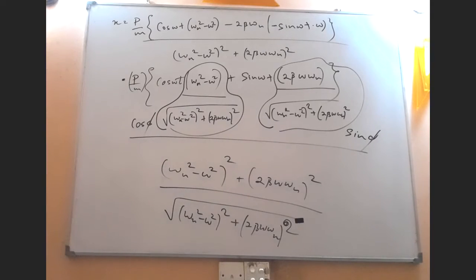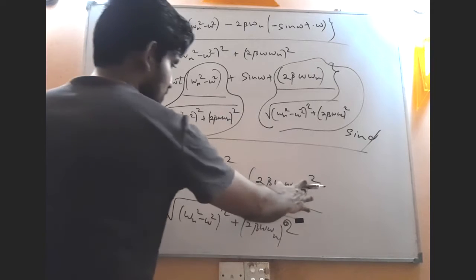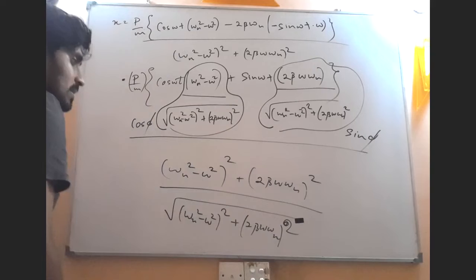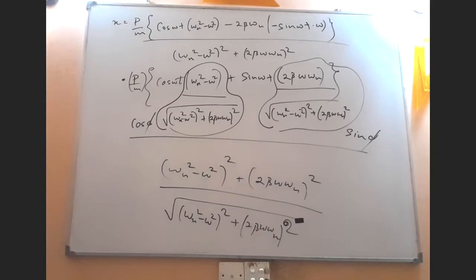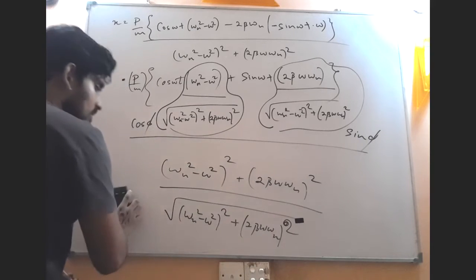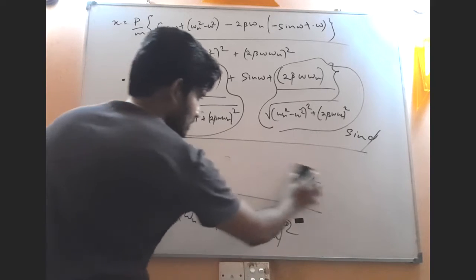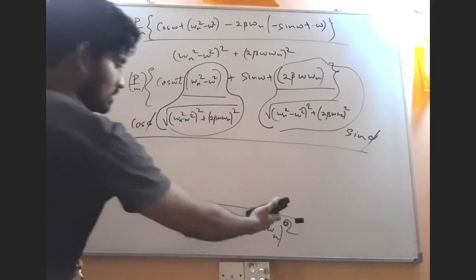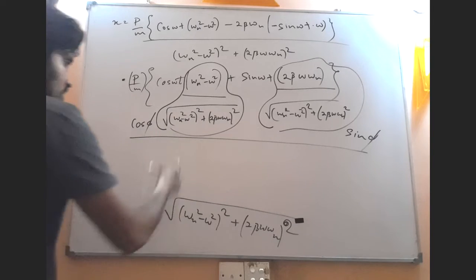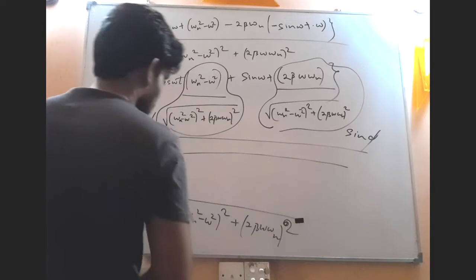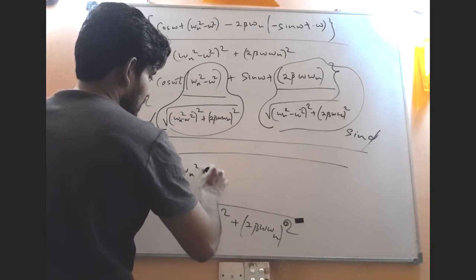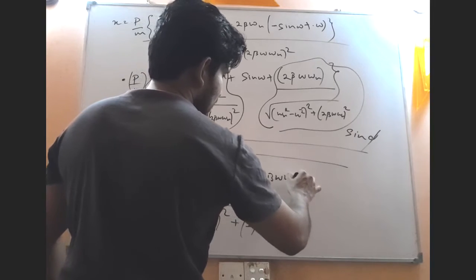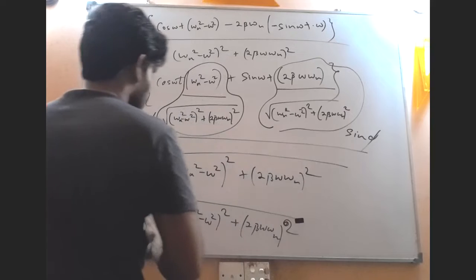Okay, so now if you divide this part by the square root of this component, then you will be getting something like this. Okay, if you divide like that, you will be getting something like that. So let's write it here: omega n squared minus omega squared whole squared plus 2 beta omega omega n whole squared. Okay, right.